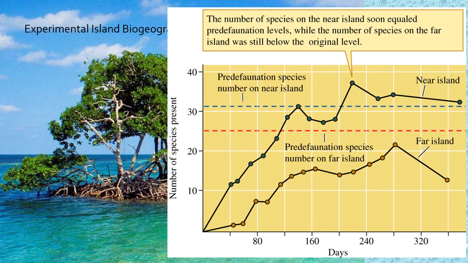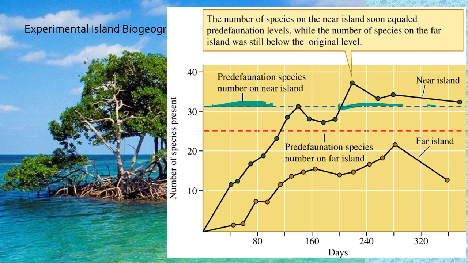We can see that the one that was closer to the mainland ended up getting back to its number of species pretty closely. So we have its original number of species on that island before they fumigated it, and it actually surpassed that. So all the species came back and then went back down to that number.